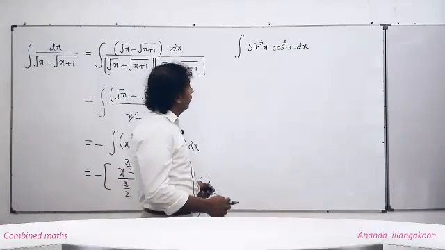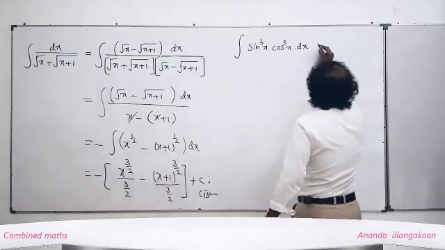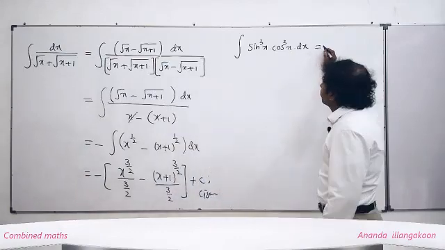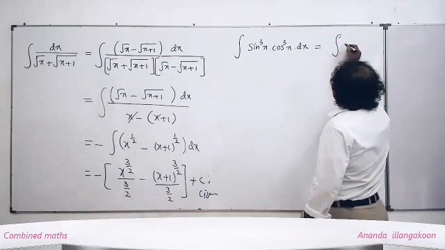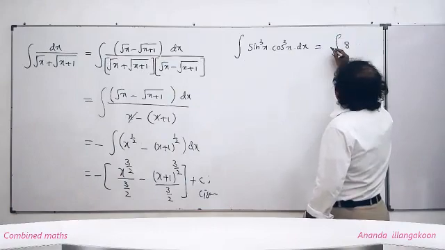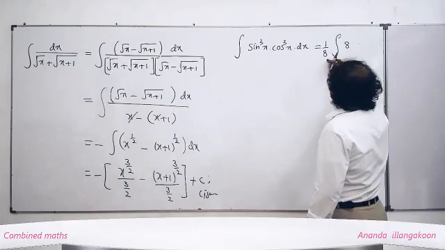This one you can write this way. We can multiply this by 8 and divide by 8. These two will cancel off, the same thing coming.